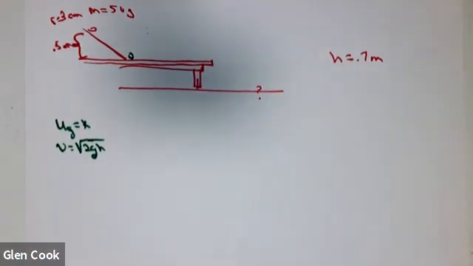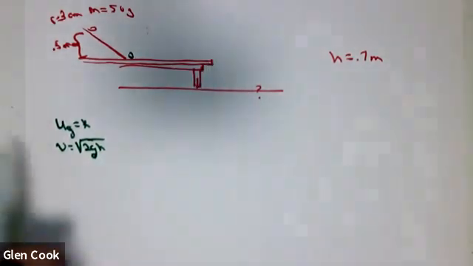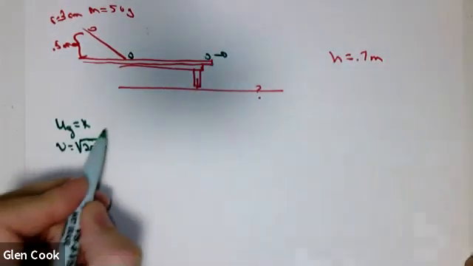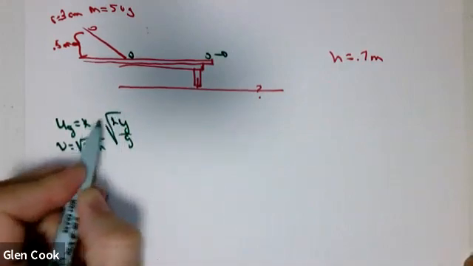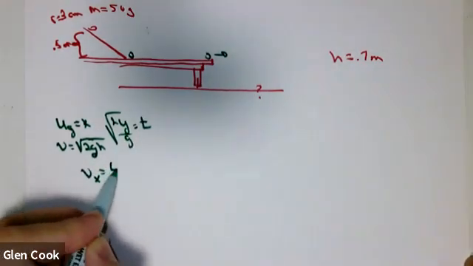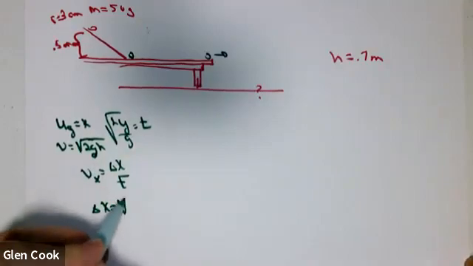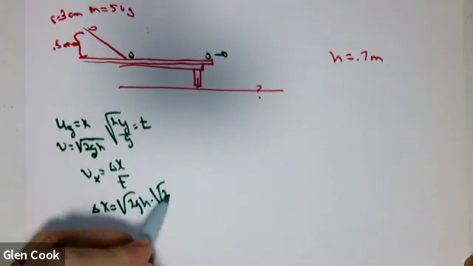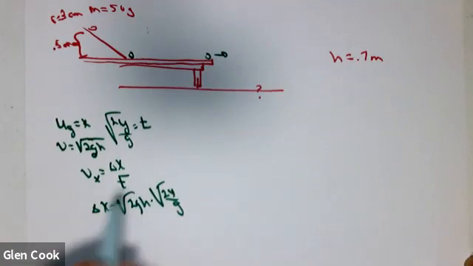It would leave with a tangential velocity, and we would do the time of flight. It's a projectile coming off horizontally, so the time of flight is the square root of 2y over g. Then v is delta x over t, so delta x would be the root of 2gh times the root of 2y over g, where h is this height.